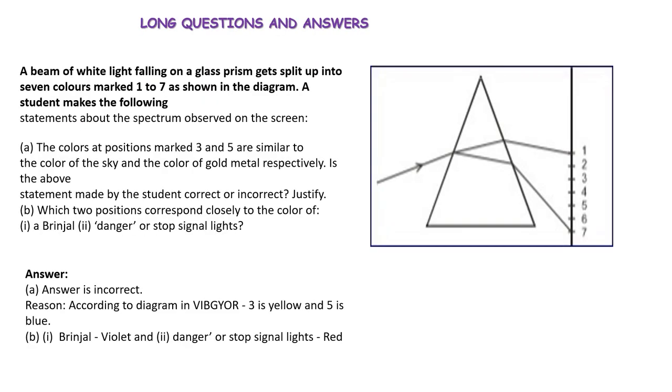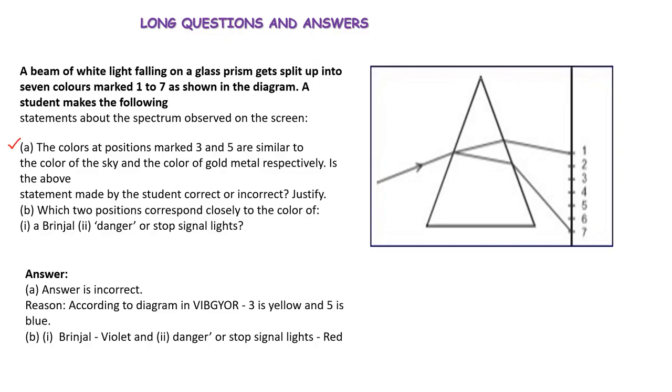Looking at the long questions and answers. Now here you can look. A beam of white light falling on a glass prism gets split up into 7 colors marked 1 to 7 as shown in the diagram. A student makes the following statements about the spectrum observed on the screen. Let's see the first part of the question.